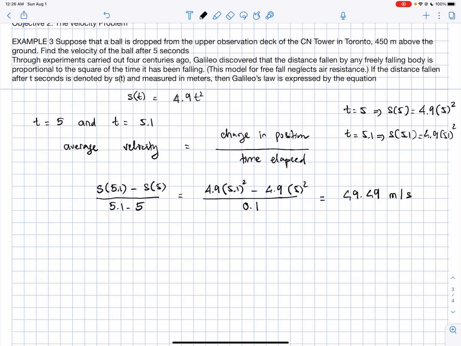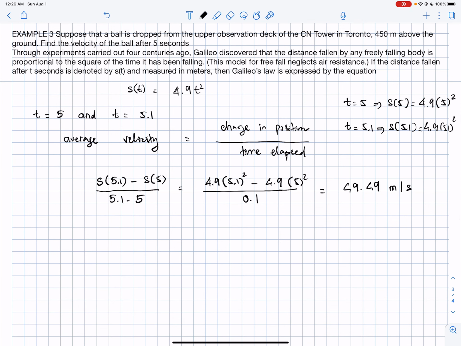So we will take different time intervals and do the same process. Here is the result. If the time is taken from 5 seconds to 6 seconds, then the average velocity will be 53.9. If we take the time from 5 to 5.1, then the average velocity will be 49.49.